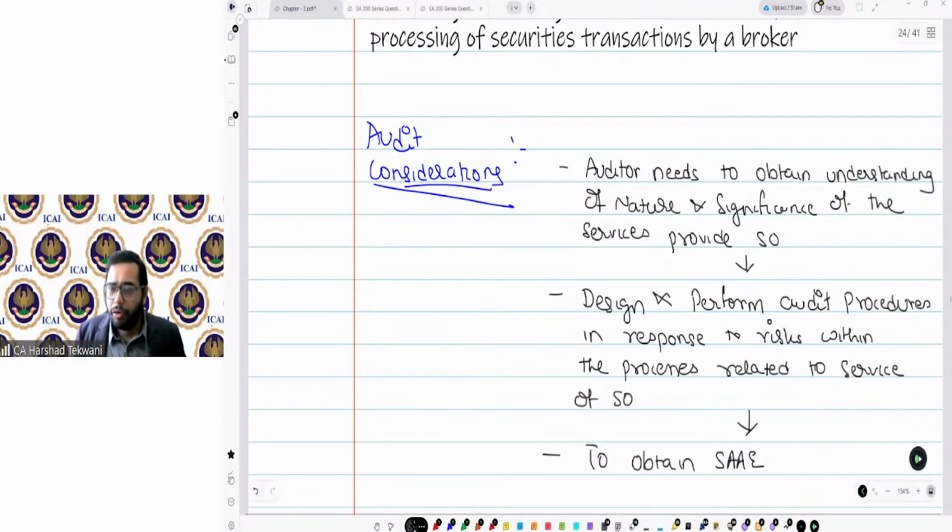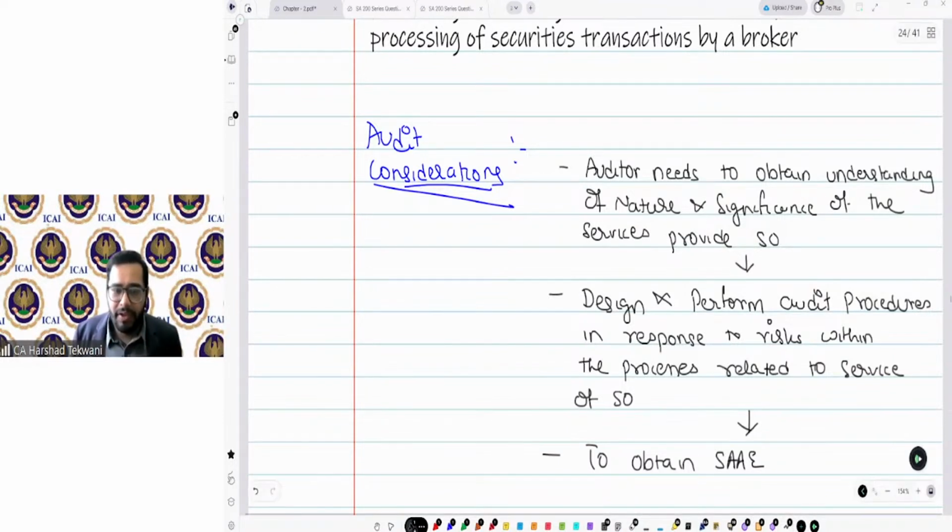In order to issue or express an opinion, we need to gather sufficient and appropriate audit evidence by designing and performing audit procedures in response to the risks within the processes related to the service organization. And for that, we need to obtain an understanding of the nature and significance of the service provided.